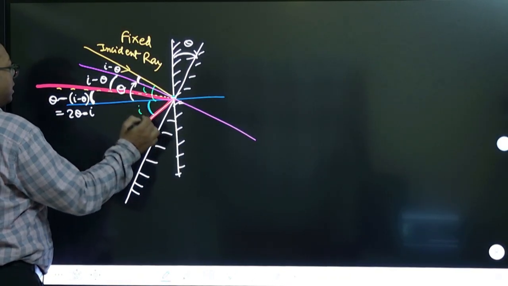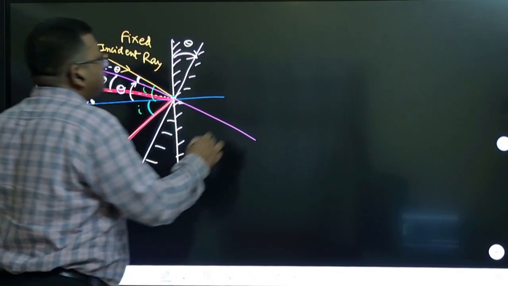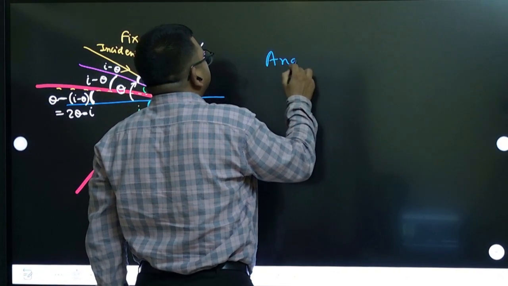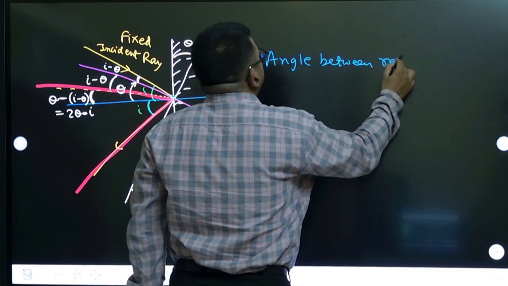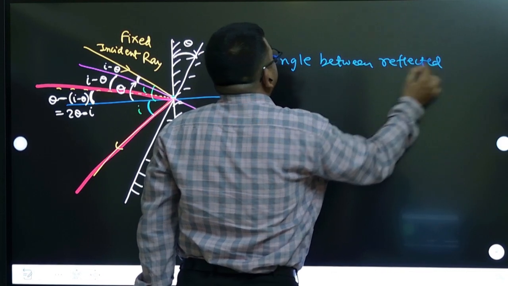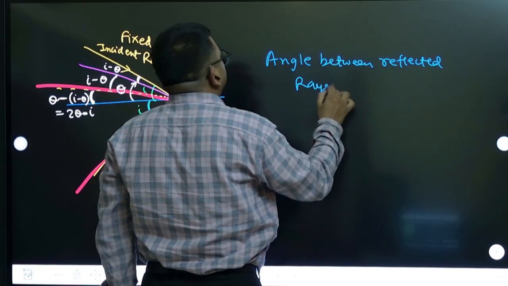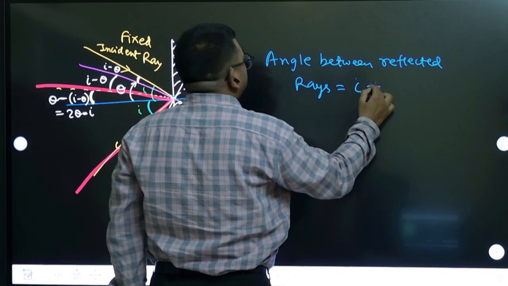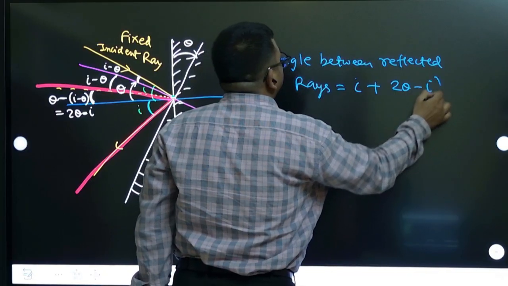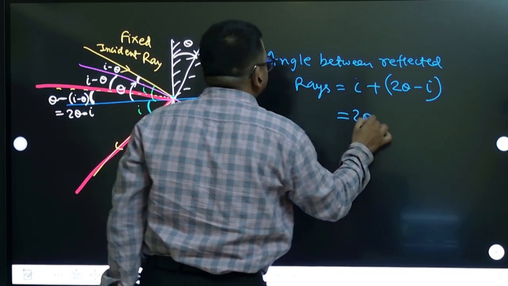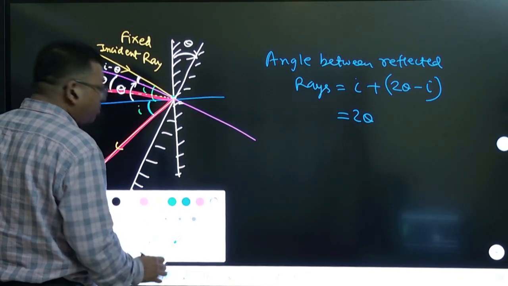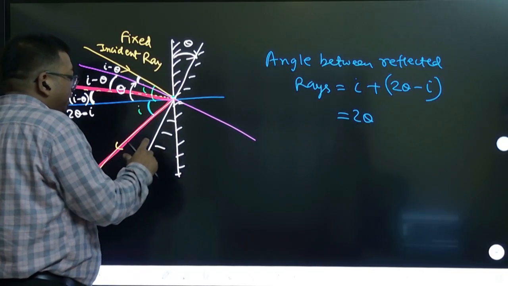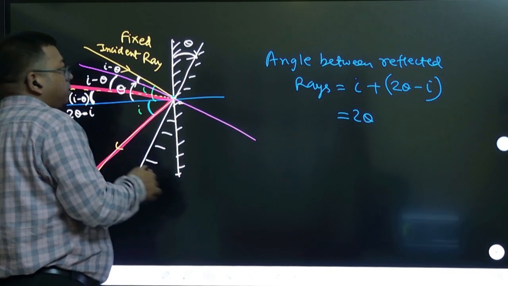You see this is angle I and this is 2 theta minus I. So the angle between the reflected rays is equal to I plus 2 theta minus I; I will get cancelled, so it is 2 theta. So that is the meaning of this. If you rotate the mirror by some angle theta, the reflected ray rotates by 2 theta.